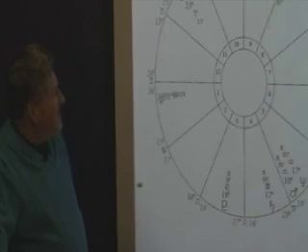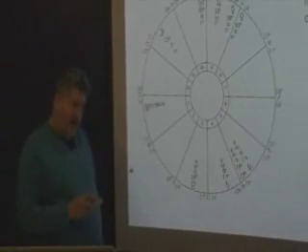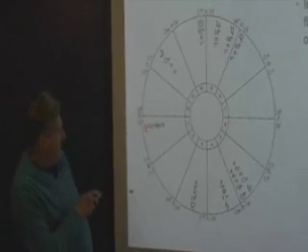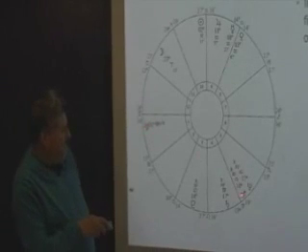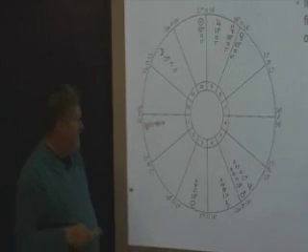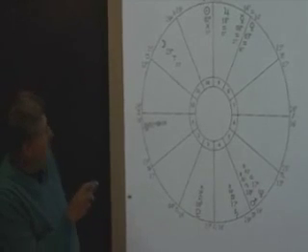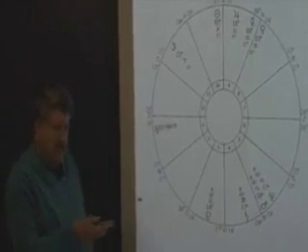Let's take a peek. In this chart, there are 5 planets in the trinity of life. That's a lot. That's half the chart. Uranus, Mars, Neptune, Mercury, and Jupiter. Only one planet falls in the trinity of wealth, which is the Sun in the 10th house.